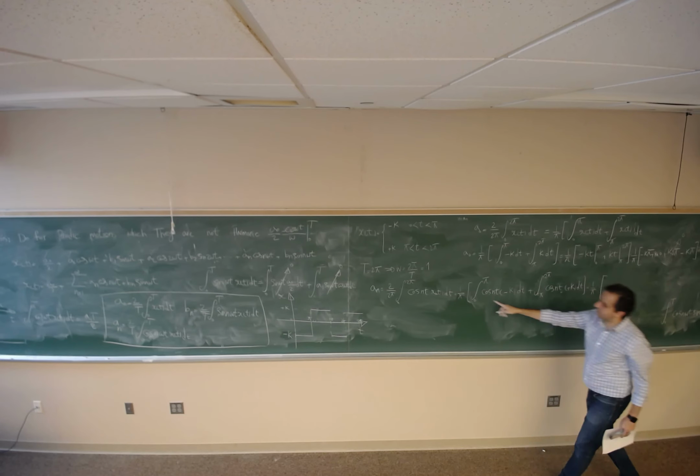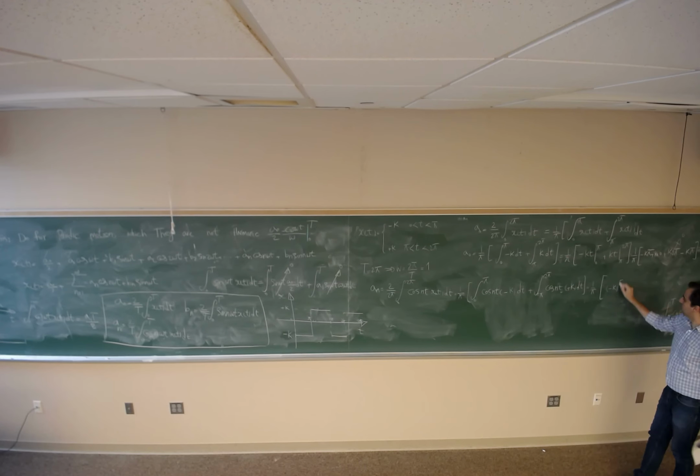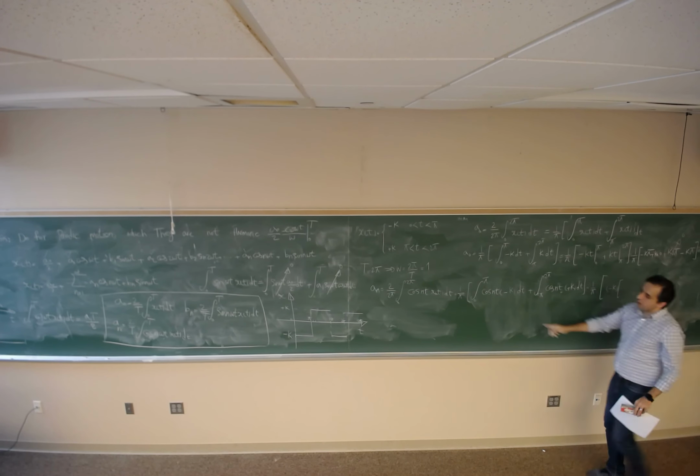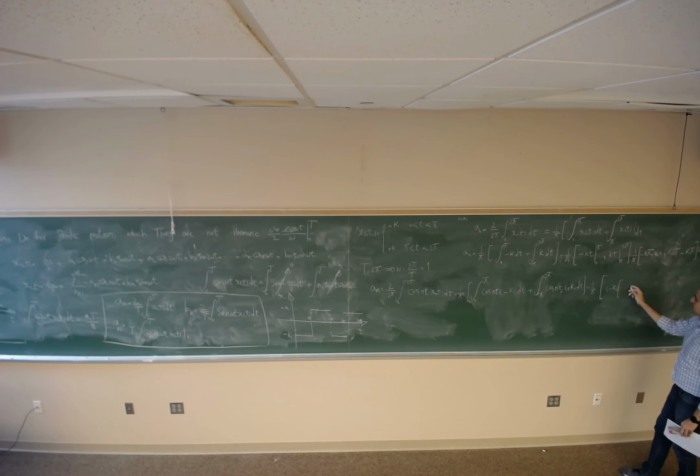Negative k is coming out of the integration. The integration of cosine of nt dt is going to be sine of nt divided by n.